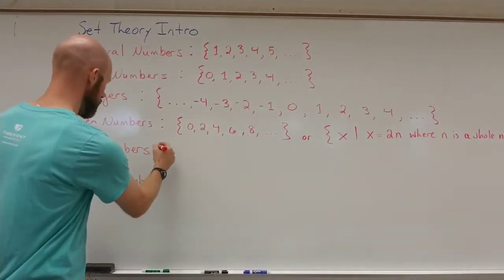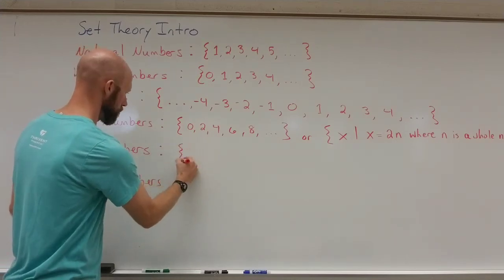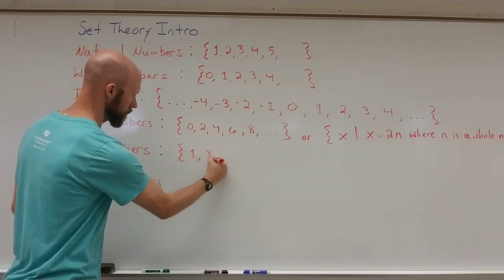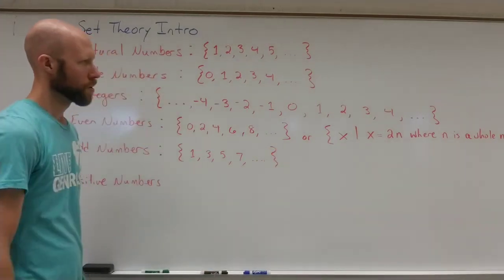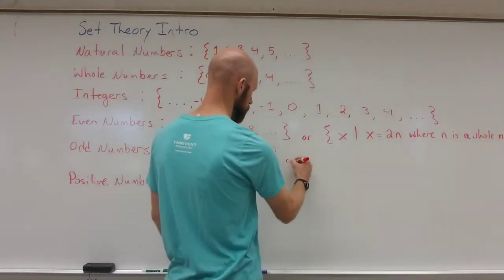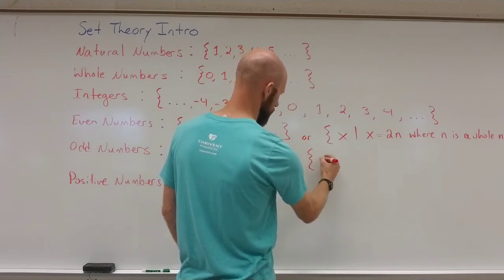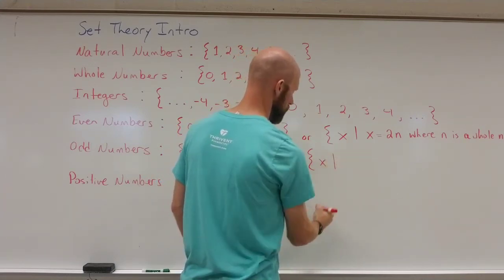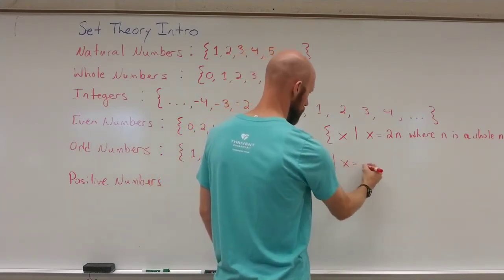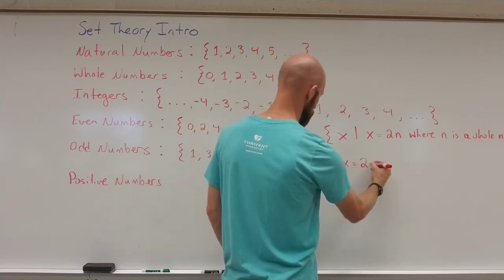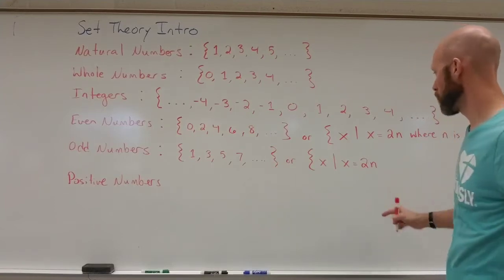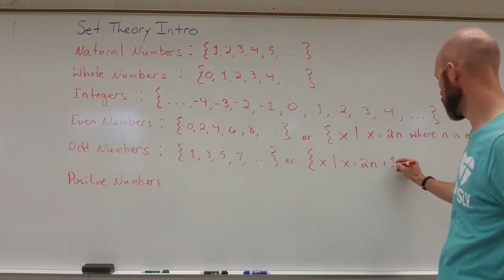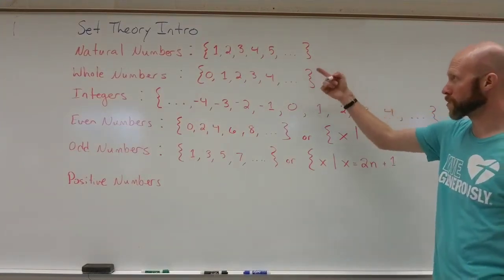We could look at odd numbers. Odd numbers being 1, 3, 5, 7, and so on. Or again, in set builder notation, you could write that as x such that x is equal to 2n. If we go with whole numbers, it would be 2n plus 1. If we went with natural numbers, it would be 2n minus 1.